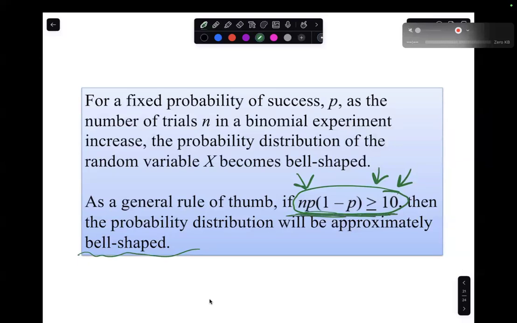This is what we use. So on this week's quiz, when it asks you about that, make sure that you state that NP times 1 minus P must be greater than or equal to 10. However, whatever your wording is, if you're including that, I will say, yes, good, we're good.